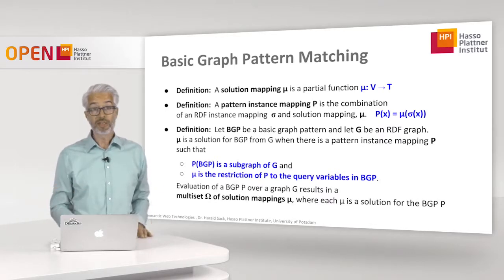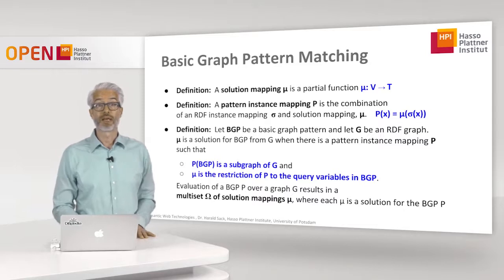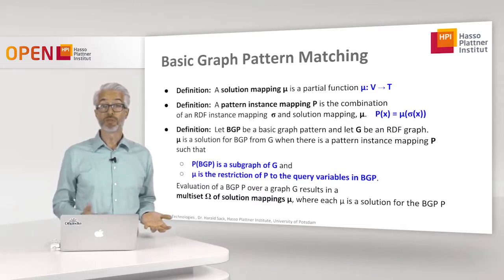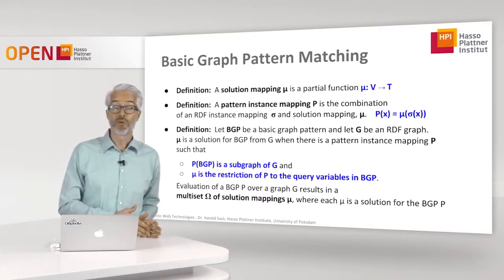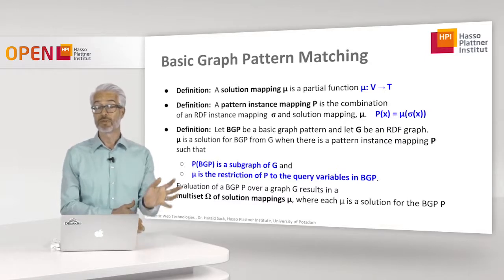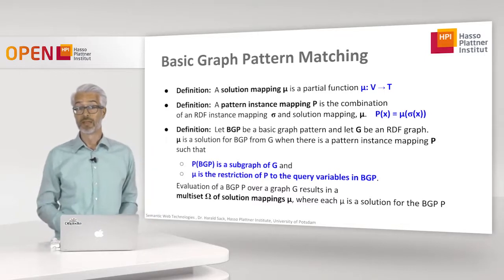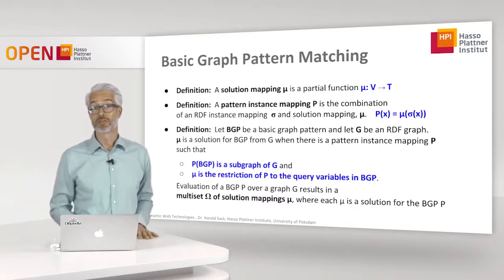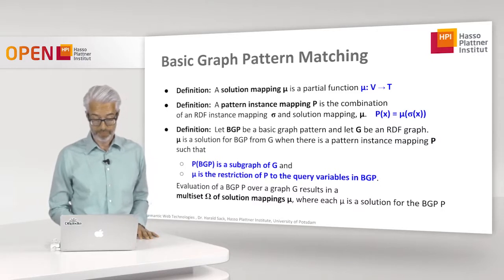Okay, and then the evaluation of this basic graph pattern P over a graph G results in a multiset of solution mappings mu, where each mu is a solution for the basic graph pattern P. So you can have several mappings for the same graph pattern.